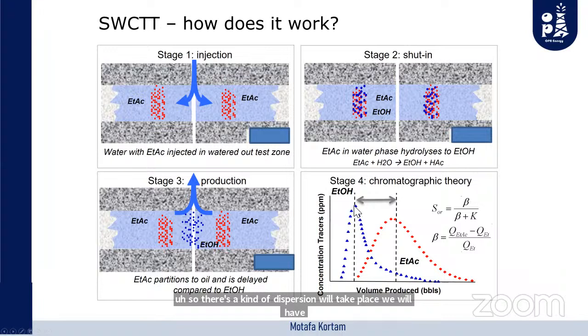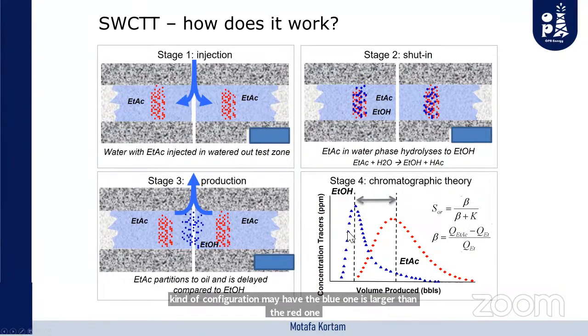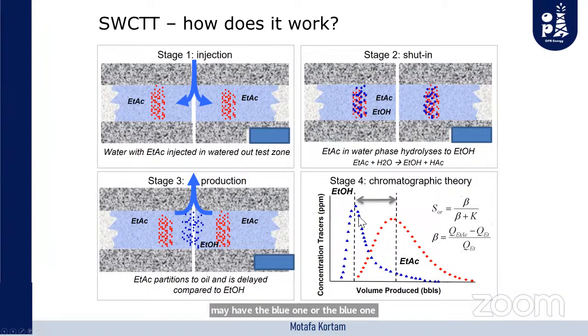Maybe the blue one is larger than the red one, or maybe the alcohols that come with the water are very far from the red one, but in any case, the alcohols come first, then the ester that belongs to the oil. So you have to expect that the alcohol's concentration comes prior to the ester that is attached to the oil.